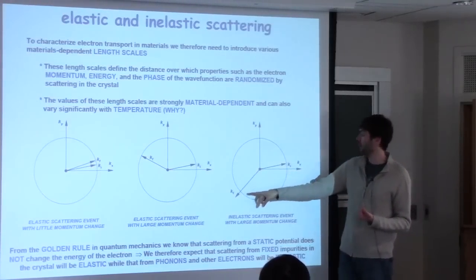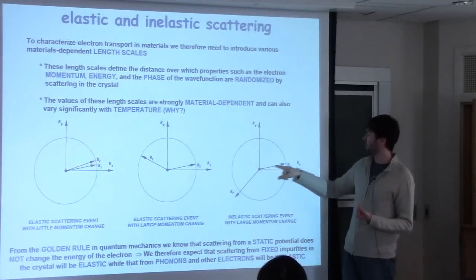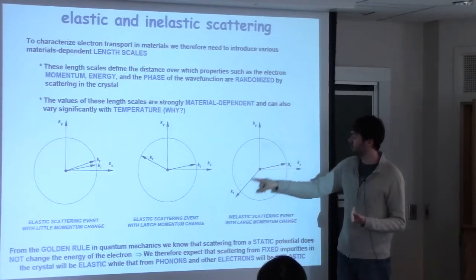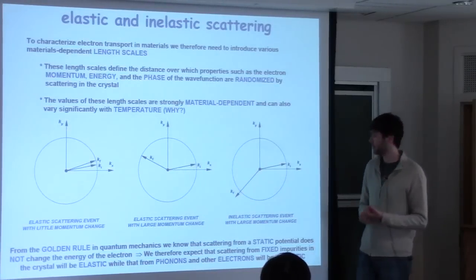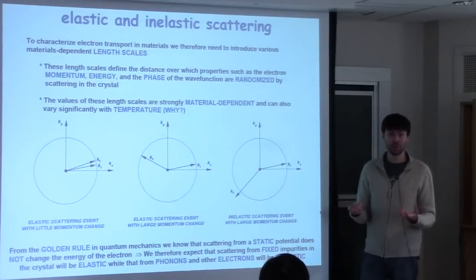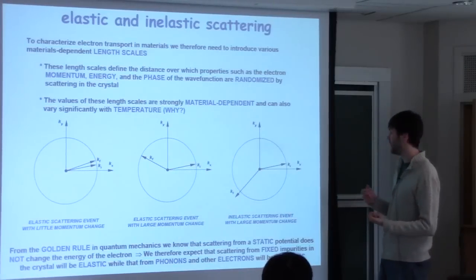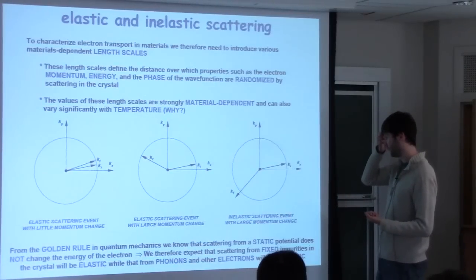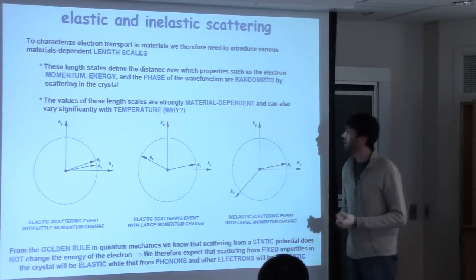That is shown by seeing that the initial momentum, this arrow length, is shorter than the final. So the length of the arrow has increased. Same with electron-electron interactions. When electrons of equal mass but maybe slightly different energy interact, they can exchange energy. So this is described here.